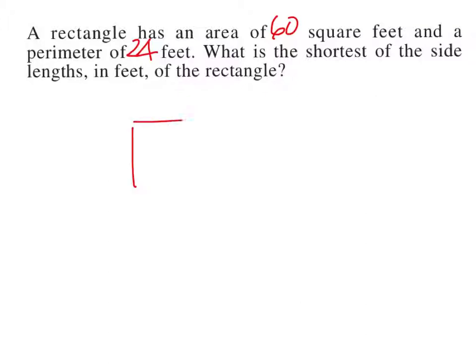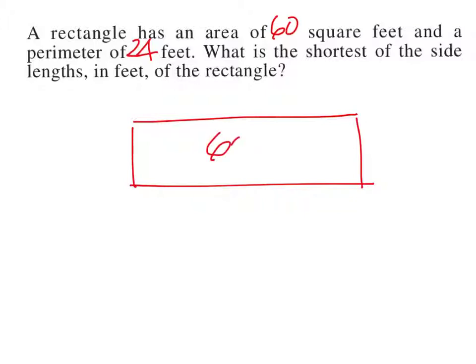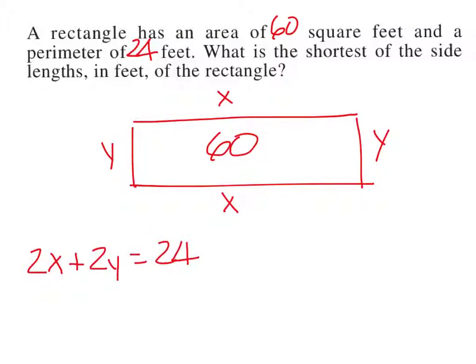So here's a rectangle. It has an area of 60 and a perimeter of 24. So you're adding up all of the sides. It would be 2x plus 2y to get 24 if you're adding up all the sides.